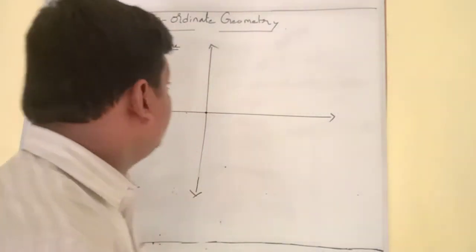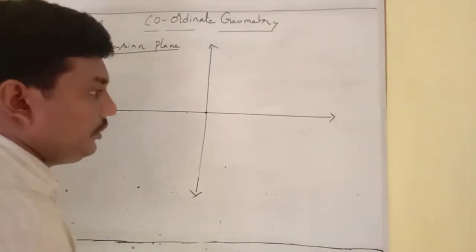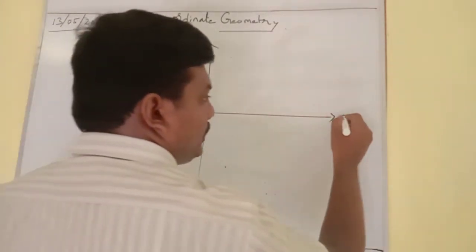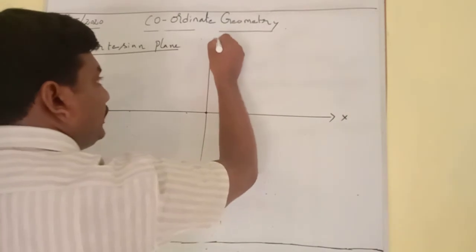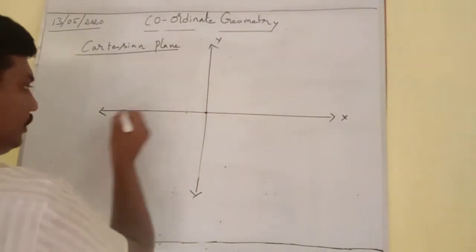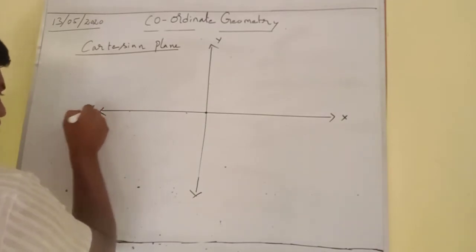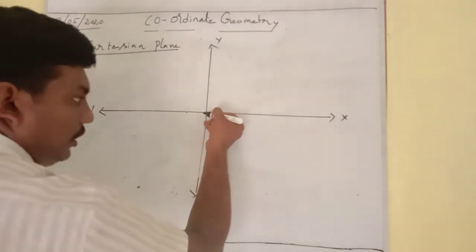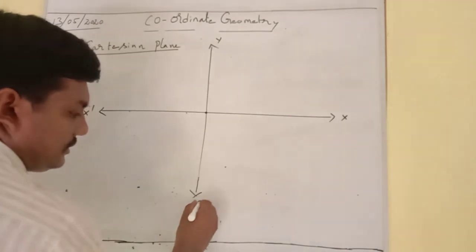Now we consider the Cartesian plane. The horizontal line is the x-axis and the vertical line is the y-axis. The left side of the origin is negative, that is x dash, and below the origin is y dash. This is the negative y-axis.